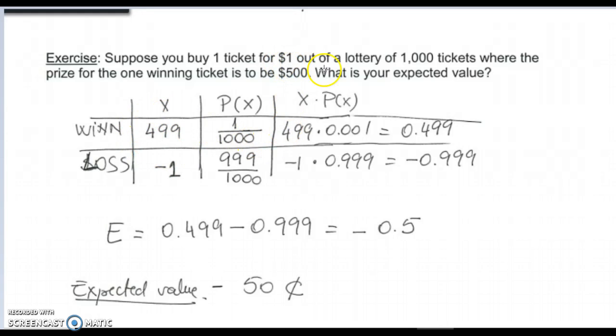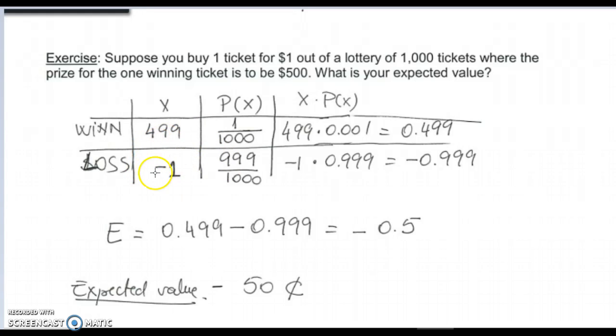What's the probability that I'm going to win? Well, there are 1,000 tickets out there. I bought 1, so 1 out of 1,000. Therefore, when I multiply 499 times 1 over 1,000, or 0.001, I get 0.499. I have to subtract from that now my expected losses. My expected loss, well, if I don't win, I'm out $1, right?